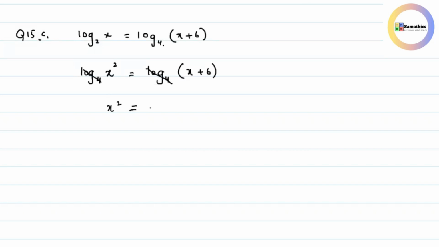So x squared is equal to x plus 6, and then x squared minus x minus 6 is equal to 0. Now how can we do this?